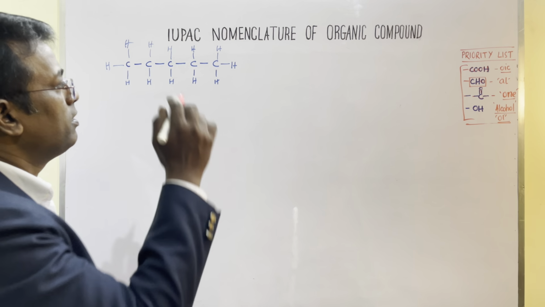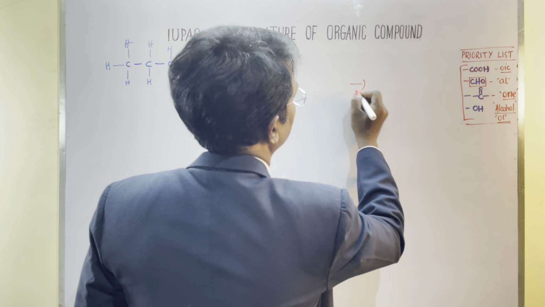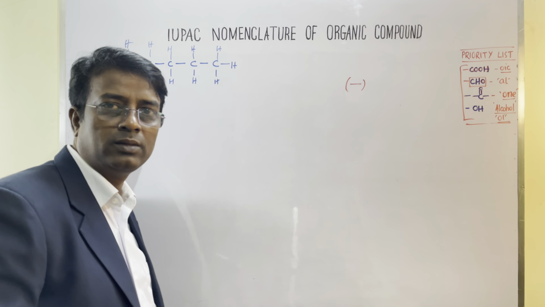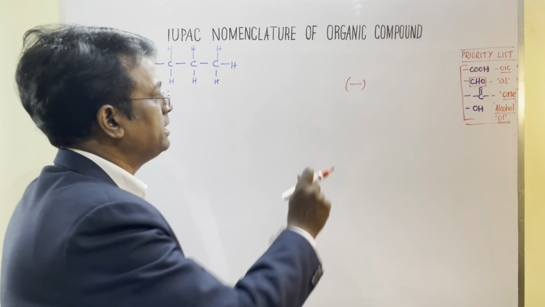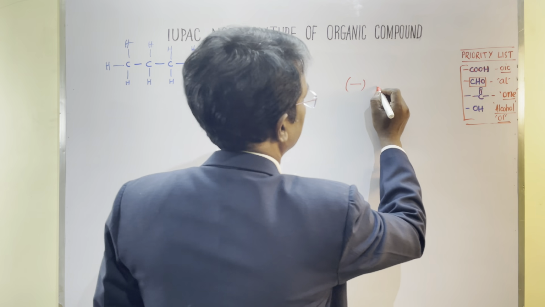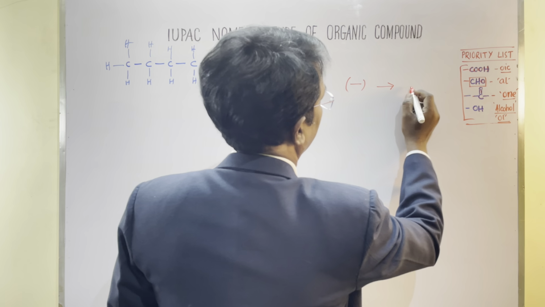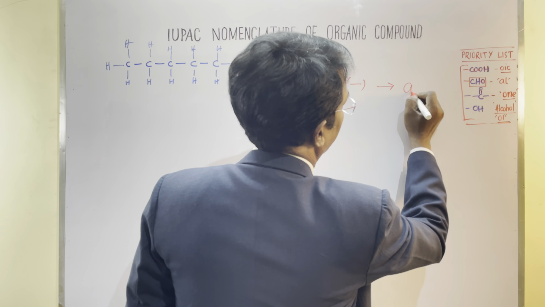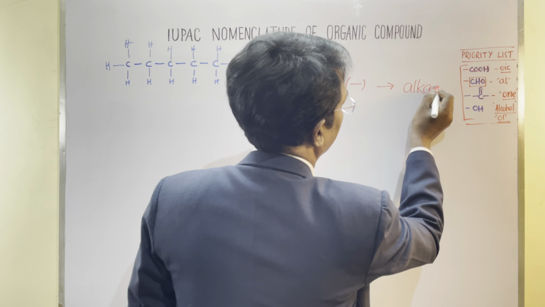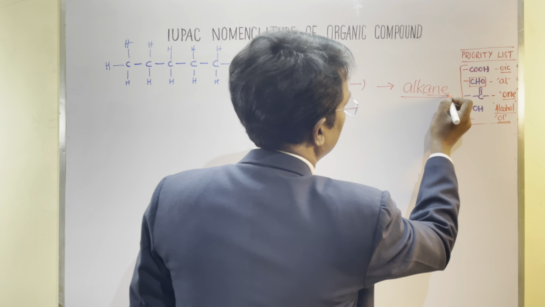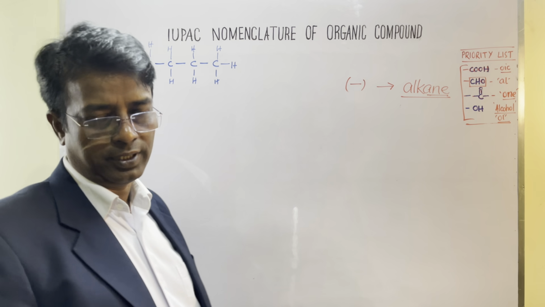Now here, hydrocarbons which have only single bonds are called alkanes. They fall into the category of alkane, remember, if there are no other functional groups attached to it.